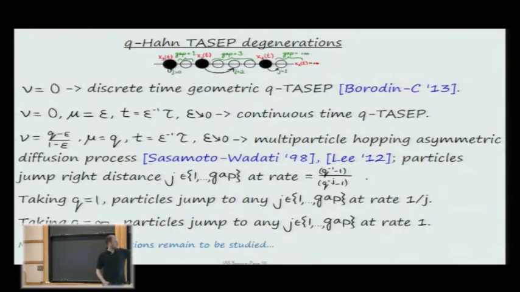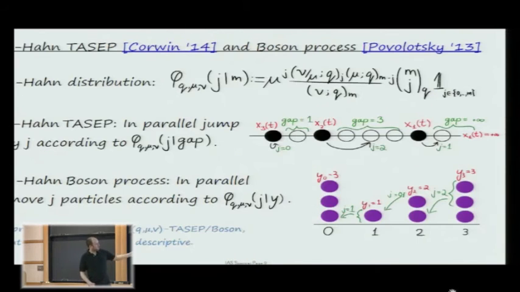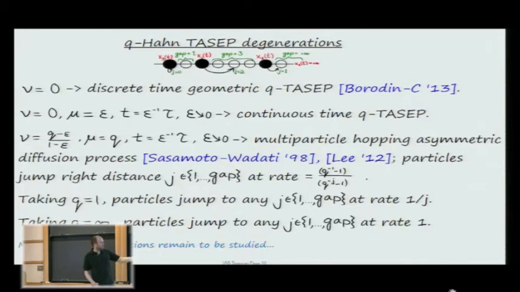You take a limit to continuous time, and you get back Q-TASEP and Q-Boson if you take it for the other one. Here's another nice limit, which is that you take both nu and mu to be very close to Q. That has the effect of this first term tending to be like epsilon. So you, again, need to speed things up. And you get a nice system, which is called a multi-particle hopping asymmetric diffusion process.